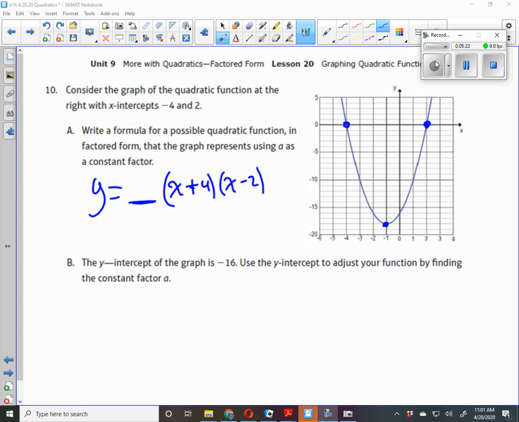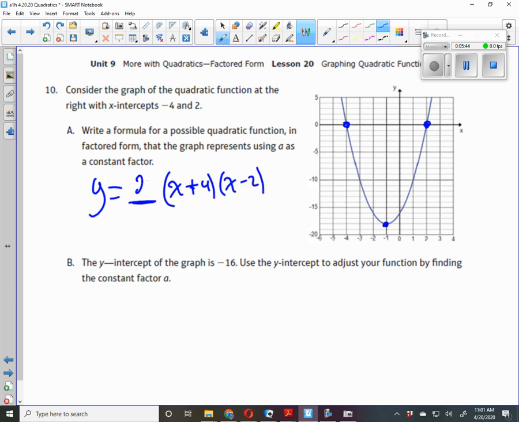That's in factored form. Can I tell if I go over 1 here and here, how far up did I go? Well, it looks like I went from negative 18 to negative 16. So it looks like I went up 2 over 1.